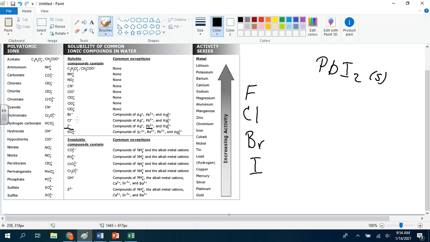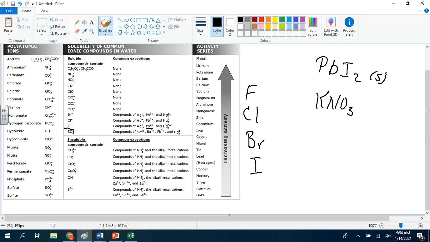So this one would be a solid because it would be insoluble. Okay, soluble are all these. These are exceptions which make them insoluble. Down here, these are all insoluble, which most of the time form solid compounds unless they're bonded with these. These are exceptions that make them soluble. All right, the other compound that we were making over there was KNO3.